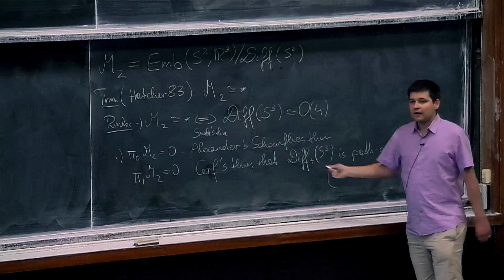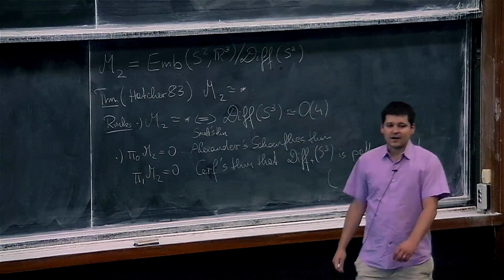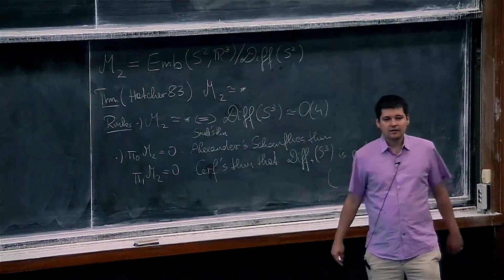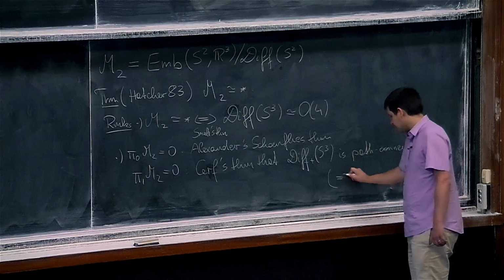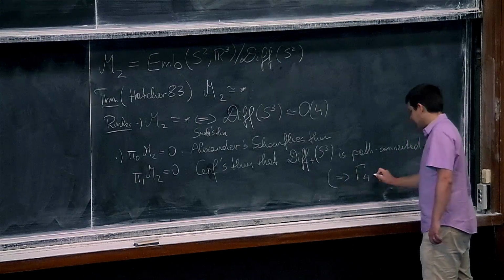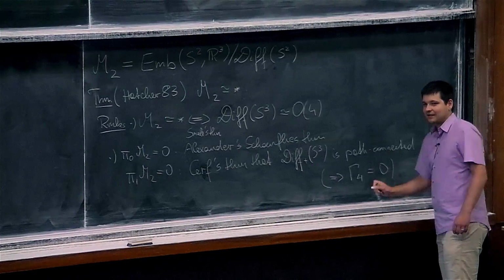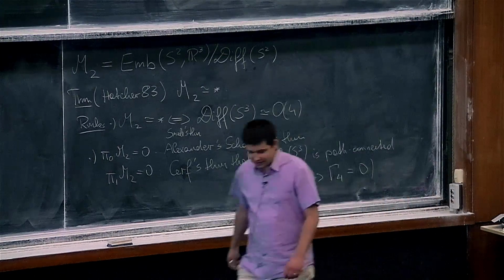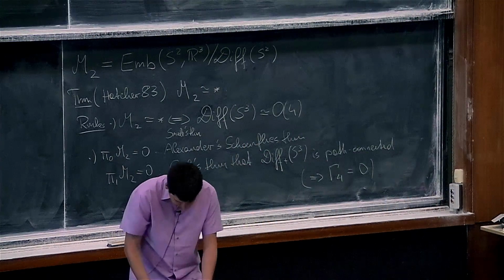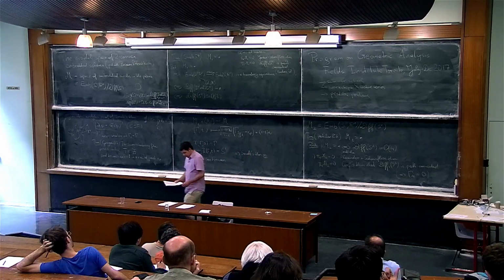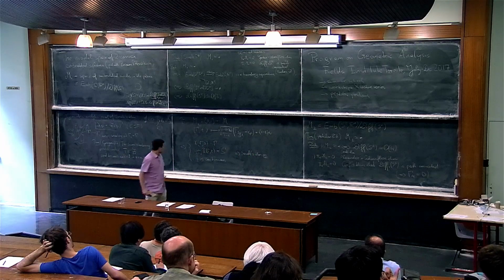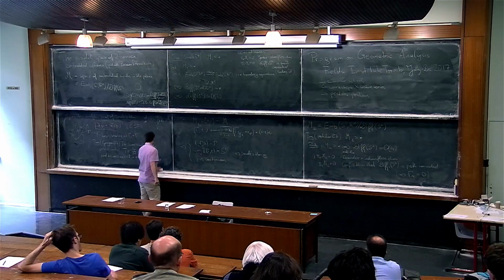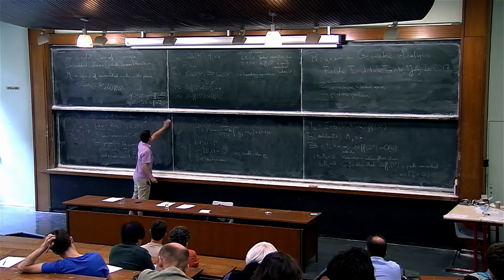That's a highly non-trivial theorem, so in particular, if you know what gamma 4 is, that implies that gamma 4 vanishes, and that was used a lot in topology. Good. So that's the case n equals 2.